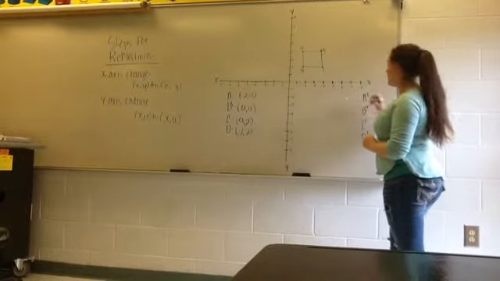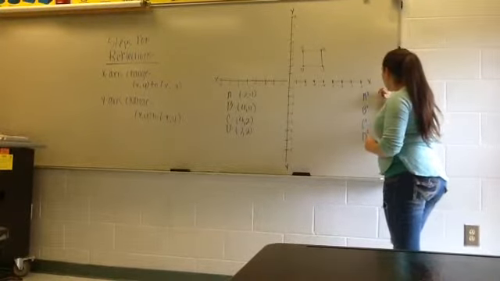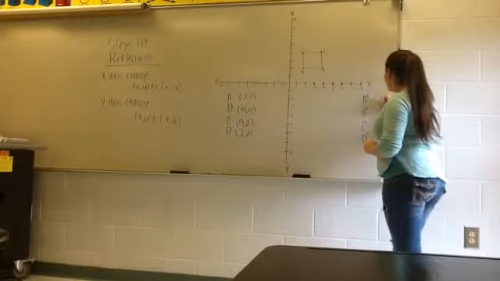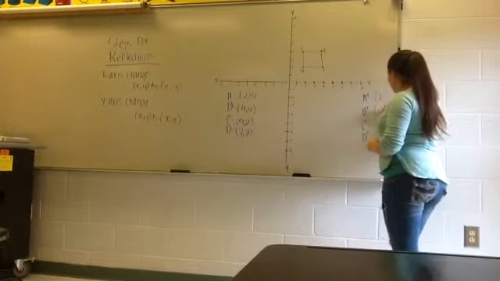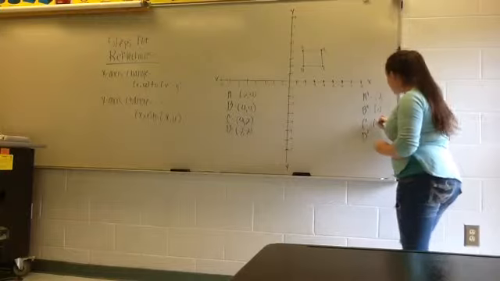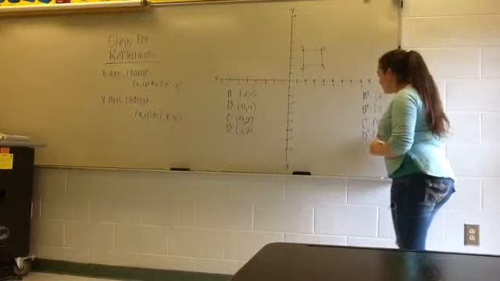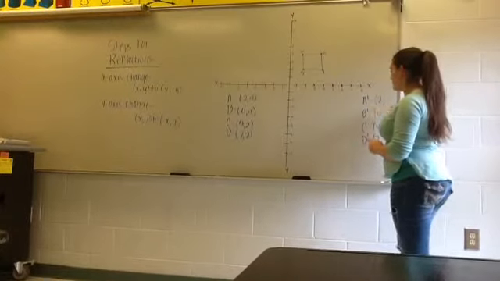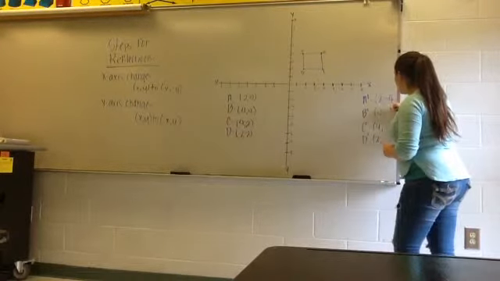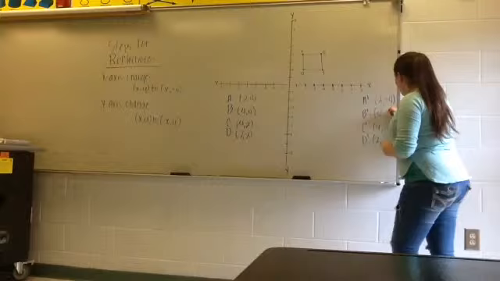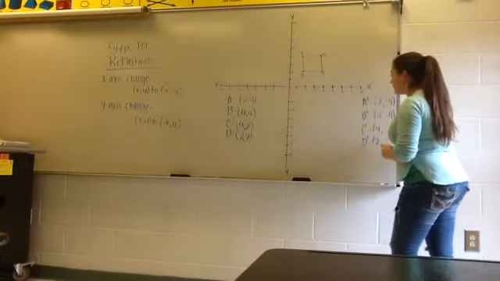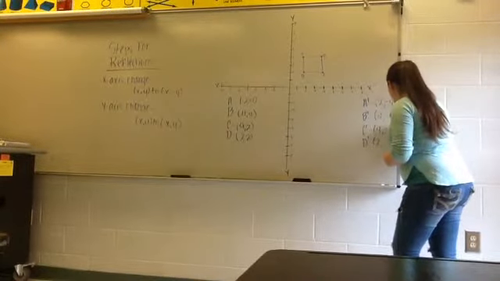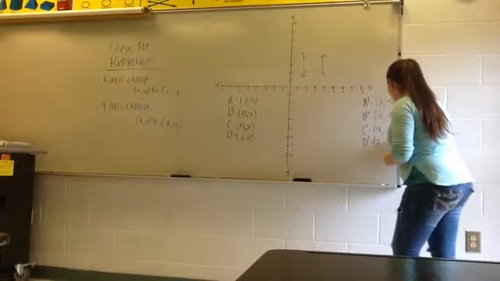So what we're going to do is our x values will stay as they are. But our y values will become negative. So we'll have negative 4, negative 4, negative 2, and negative 2.